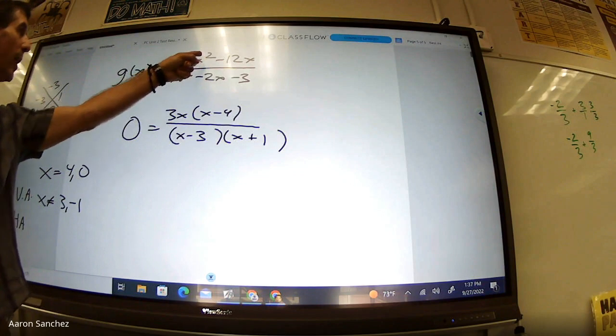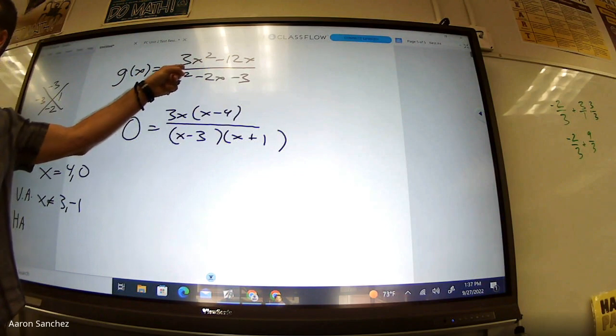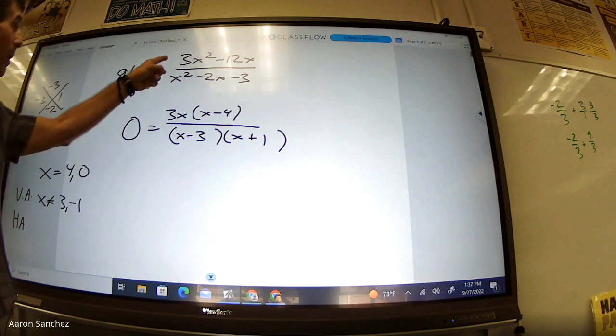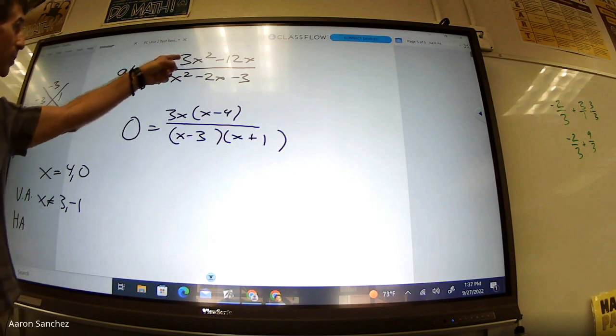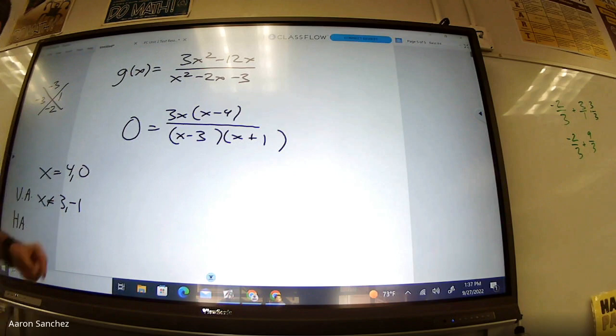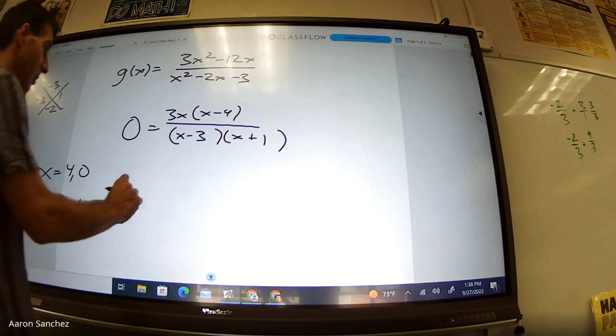X squared over x squared. If m is equal to n, I divide, yes, 3 over 1, which is 3. Now I can test the limits.